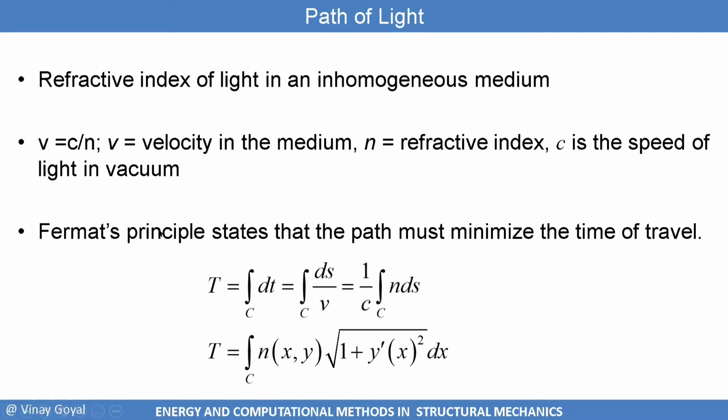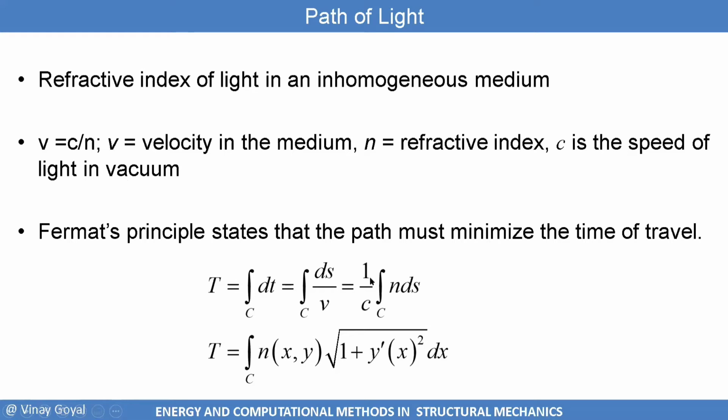Fermat's principle states that the path must minimize the time of travel, meaning t equals the integral of dt. Well, dt is ds over v, because time is distance divided by velocity. That gives you time. And I know what v is: v is c over n. So when I plug it in, I get this expression.